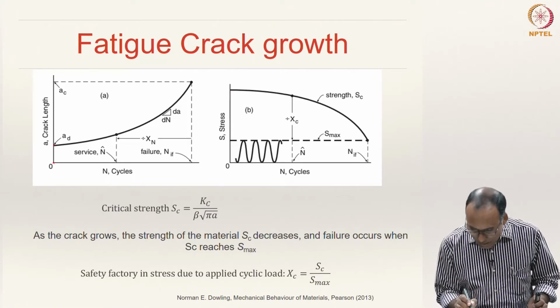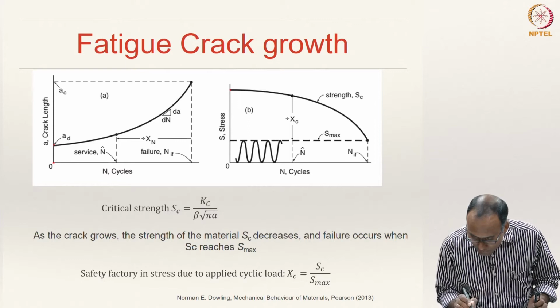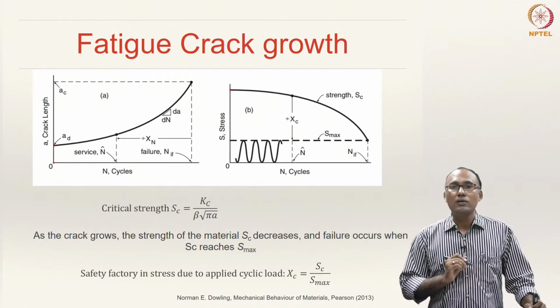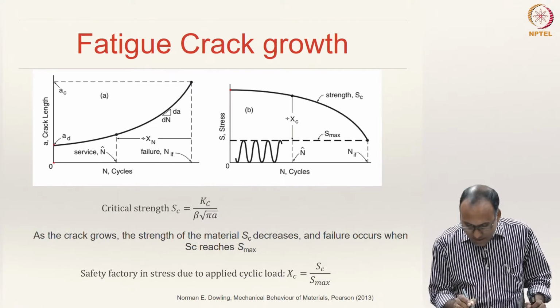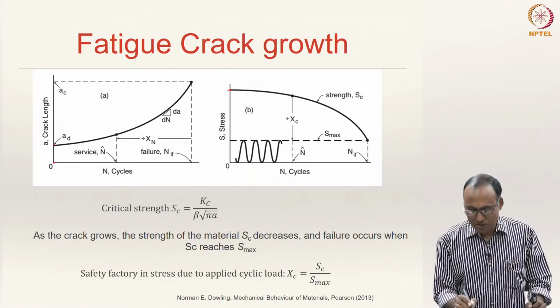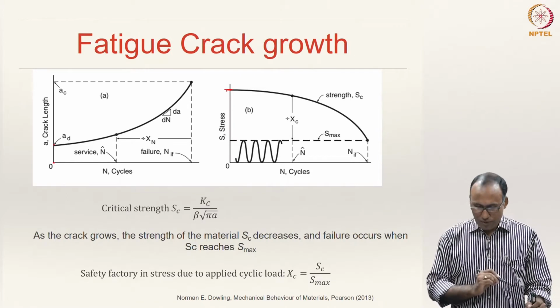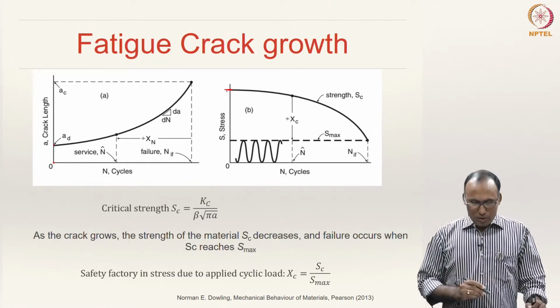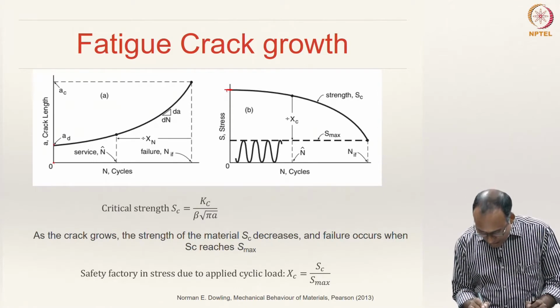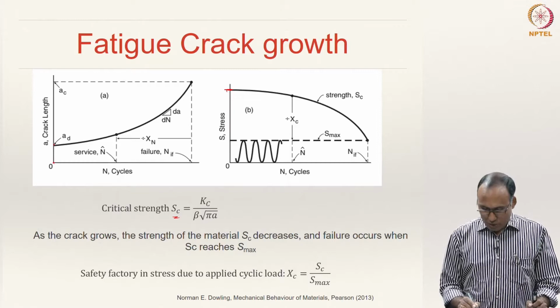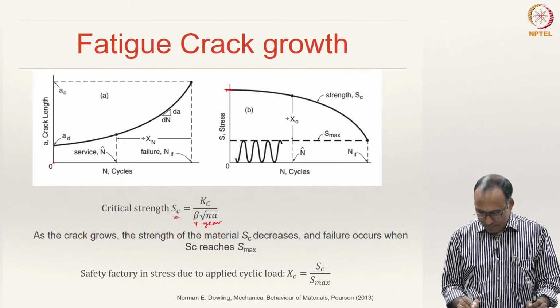At that time let us assume that the strength of the material, SC, is this much. Now you can say that the critical strength of the material is equal to Kc divided by beta root pi a, where beta is your geometry factor.